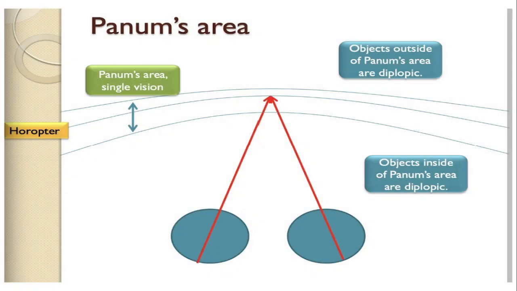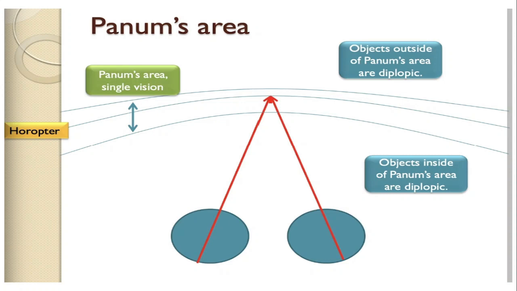Panum's area. Panum's area, also known as the fusional area, refers to the region in visual space over which we perceive single vision. Objects within this area are fused into a single perceptual experience, while objects outside of this area are perceived as double.